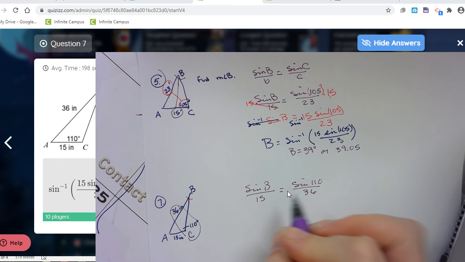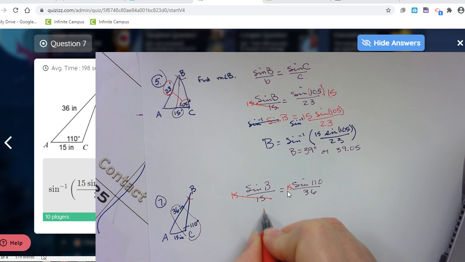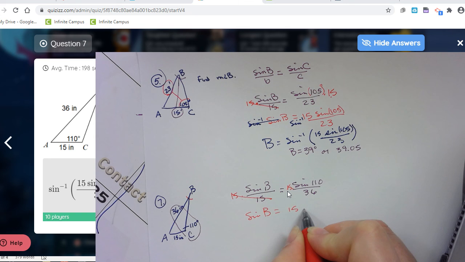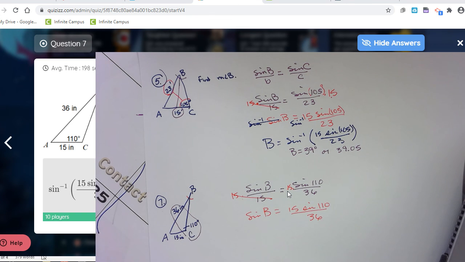So multiply by what's in the denominator, 15. These cancel. Sine of B is equal to 15 sine of 110 all over 36.